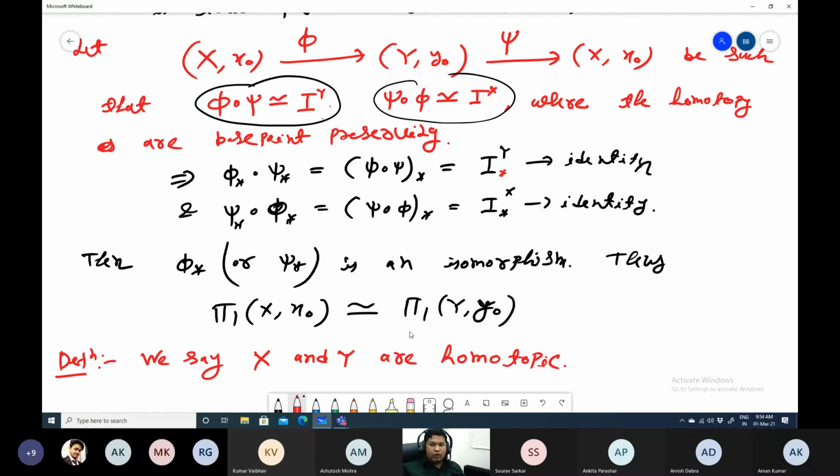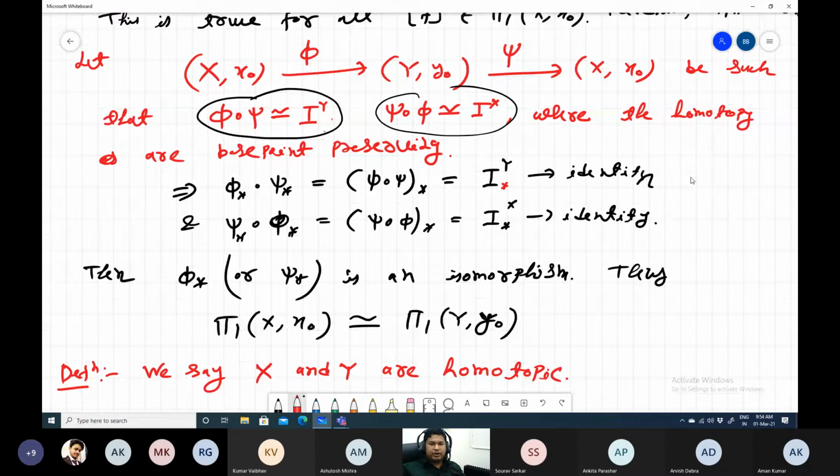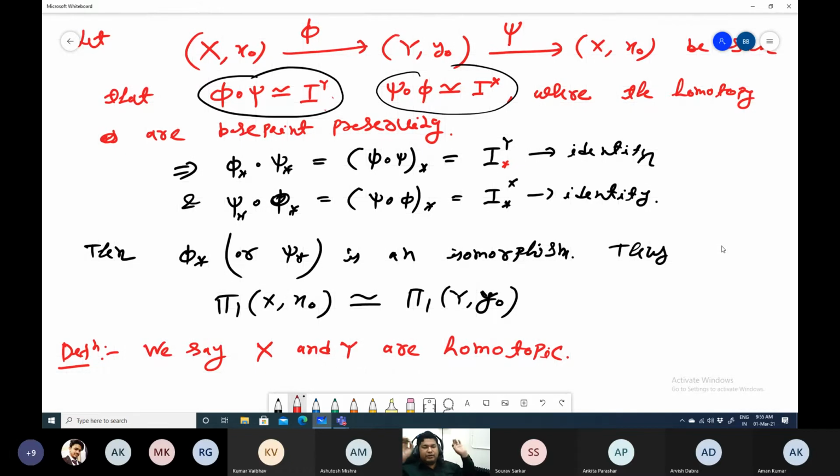And here, homotopic means we do not need the bijective. We just need that phi compose psi is homotopic to identity, and psi compose phi is again homotopic to identity. So here we do not need the maps phi and psi to be bijective. This is the difference between them.